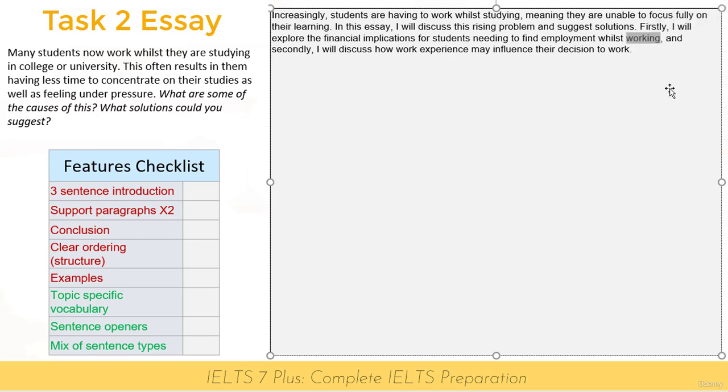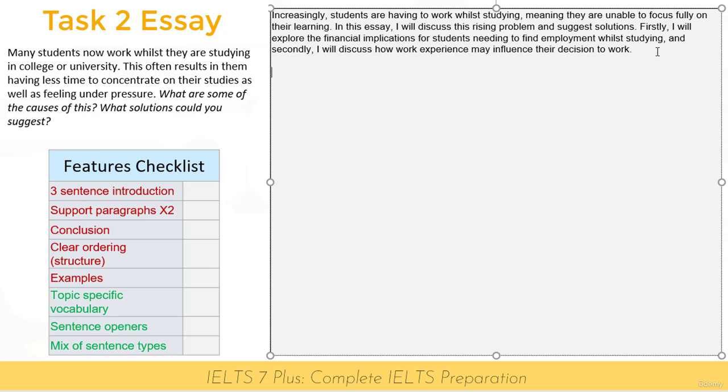And I've realised I've said whilst working, so whilst studying. That highlights it's quite important to try and quickly read back your writing, which I would definitely recommend you do. And secondly, I will discuss how work experience may influence their decision to work. So I think that's a very strong 3-sentence introduction.